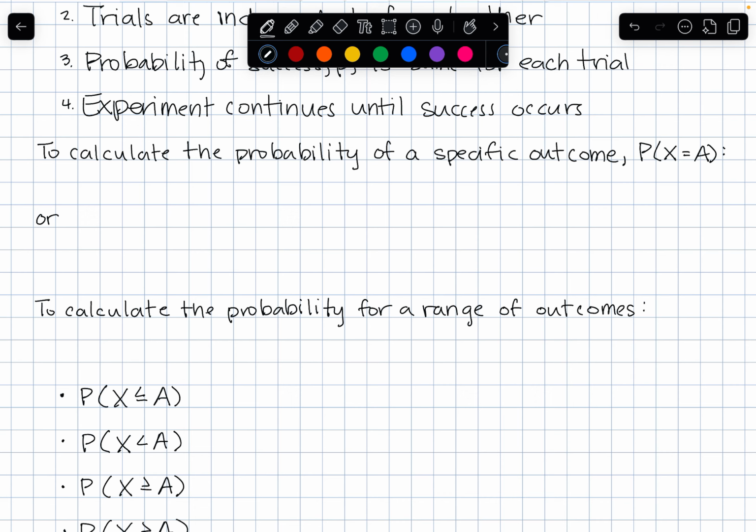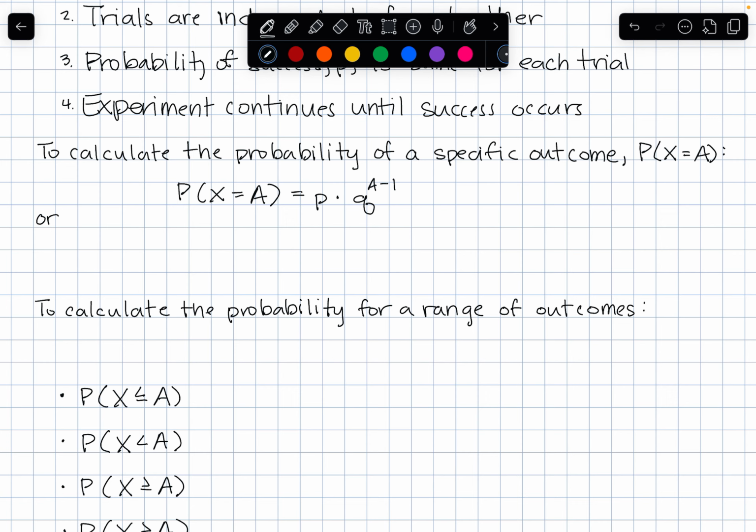Here we actually have a formula for probability that's pretty straightforward. If I want the probability that my first success occurs on trial A, it's the probability of a success times the probability of failure to the A minus 1 power.